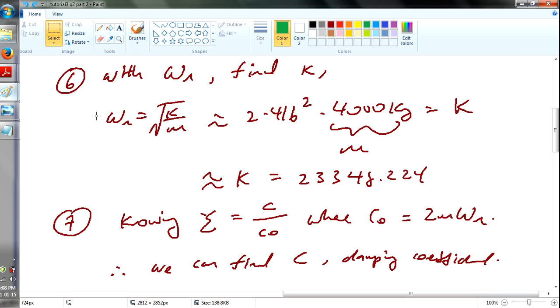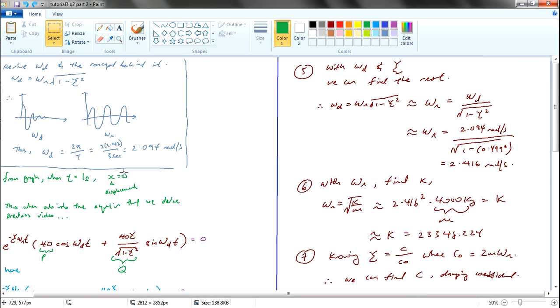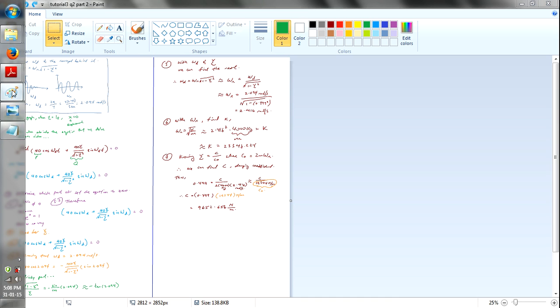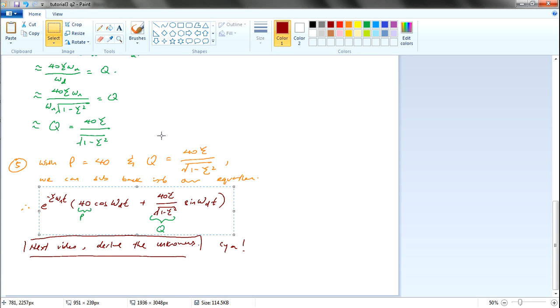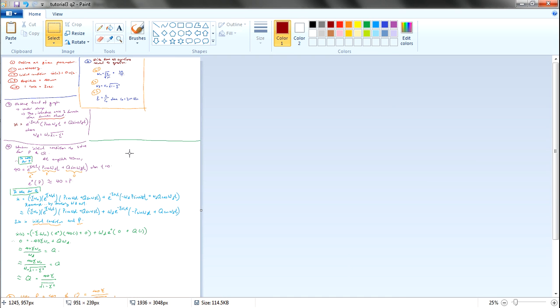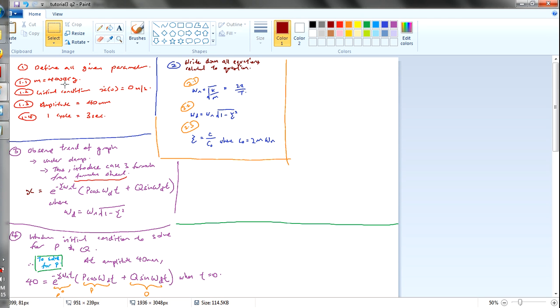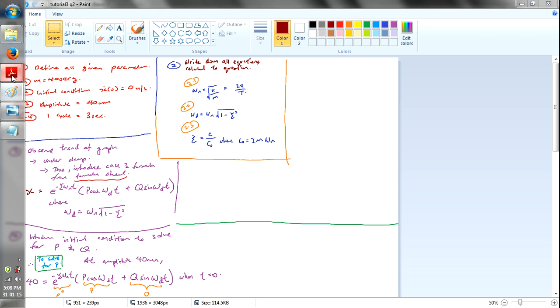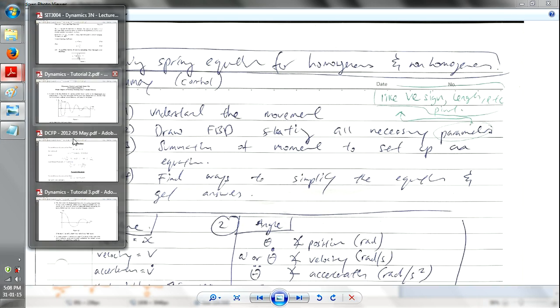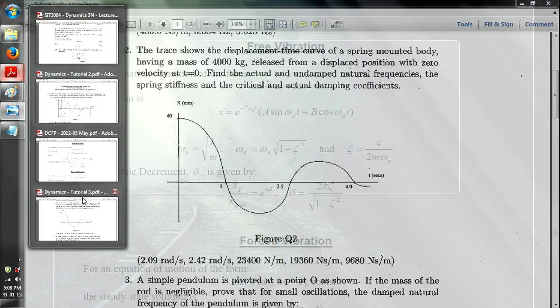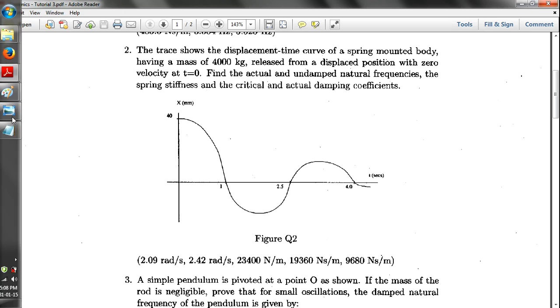We are cool. And just to summarize what we have done for this question, so you can have a full concept of what we are doing. The first thing we need to do is define all the given parameters. If you see a graph, typically you will have to do that.